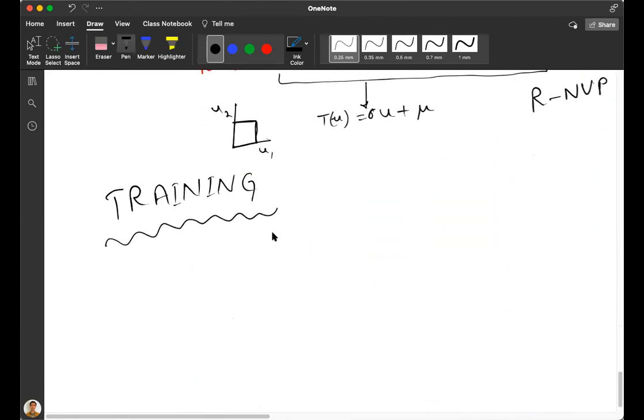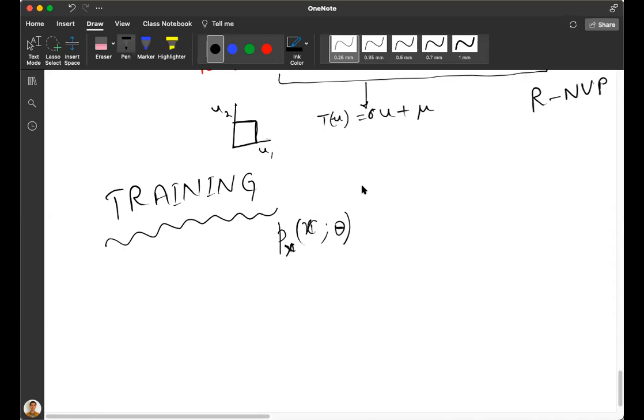So we want that our P of x, which is basically from the flow, let me write it like this, P_x(x, theta). Theta are the flow parameters, right? The neural networks, etc. Whatever learnable parameters are here. Theta are the flow parameters.